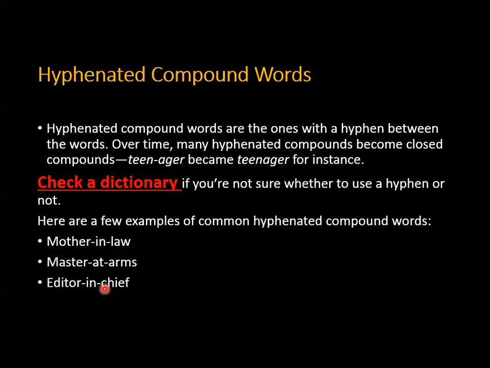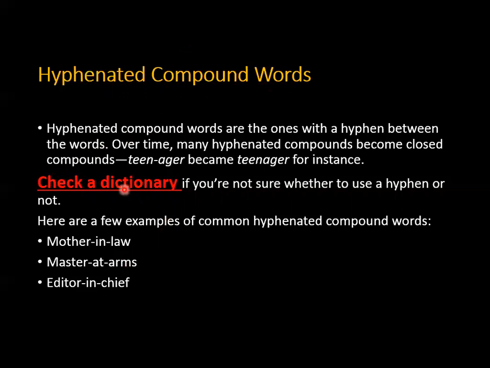And we have hyphenated compound words. So how do we know that this compound word is a hyphenated one? The best way to know is to check a dictionary. There's no other way, because there's no rule for that.